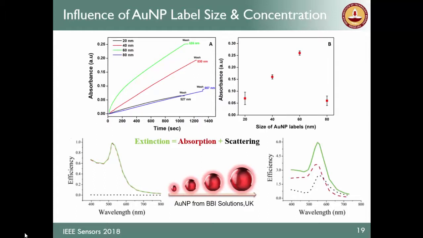When we did this study, we found that 60 nanometers gave us better sensitivity than the others. The 20 is understandable, since the extinction coefficient is small, so that's probably why we are not getting enough signal. Whereas for 80, I think interfacial effects or hindrance effects are reducing the field.